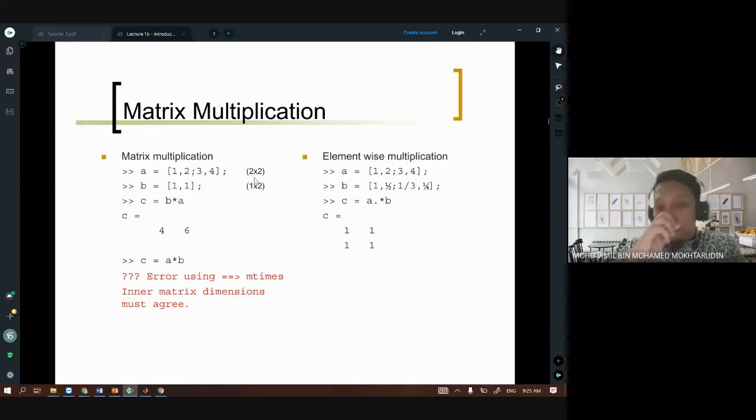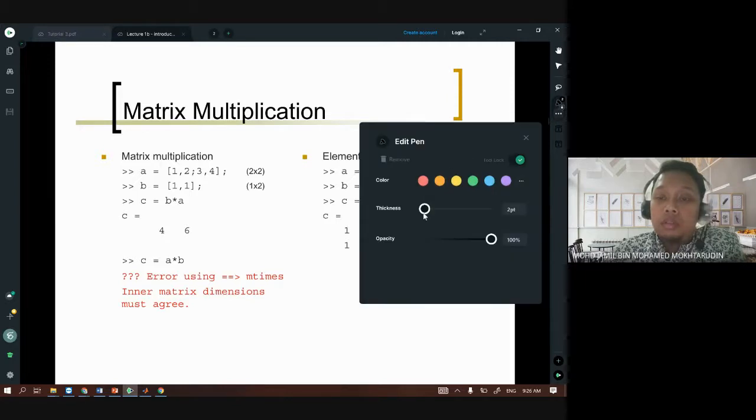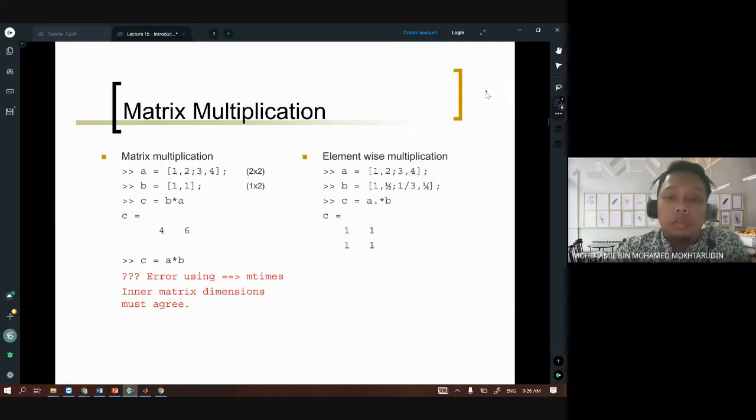So for example, in this one, the size of A is 2 by 2 and the size of B is 1 by 2.